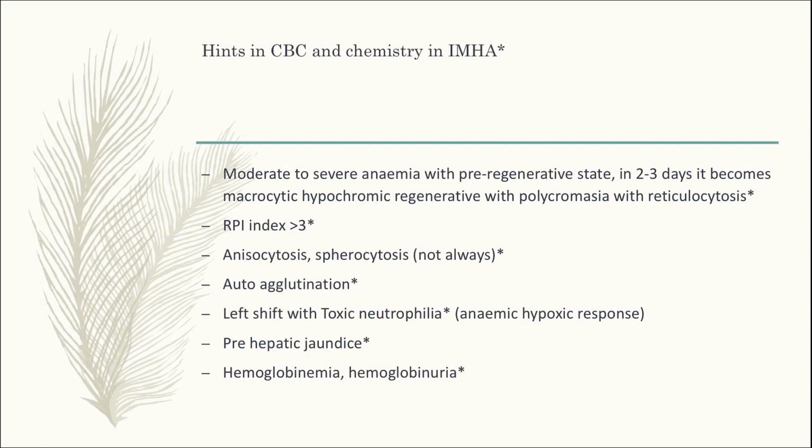In CBC, you can see moderate to severe anemia with pre-regenerative state. So what is pre-regenerative state? It is a state between the event where anemia happens and response to anemia. So for example, today the dog had a trauma and it has severe internal bleeding.